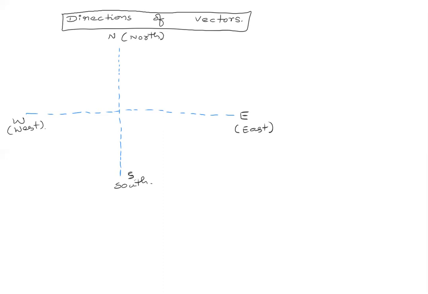Now if I have a vector, for example, let us say the angle here is 37 with the y-axis. On the top you have 37 with the y-axis, on the bottom you have 37 with the y-axis.